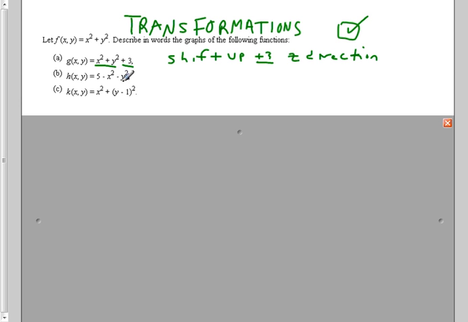And what about this? Here, I could write this a little bit differently. We have 5 minus x squared minus y squared. Sure, we could write this as 5 minus (x squared plus y squared). So what's the effect of this 5?